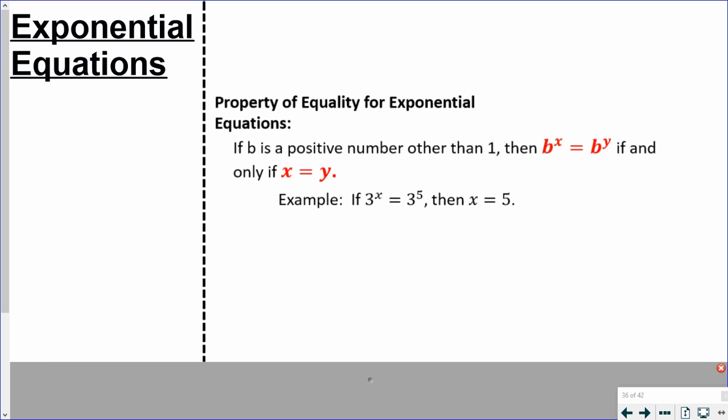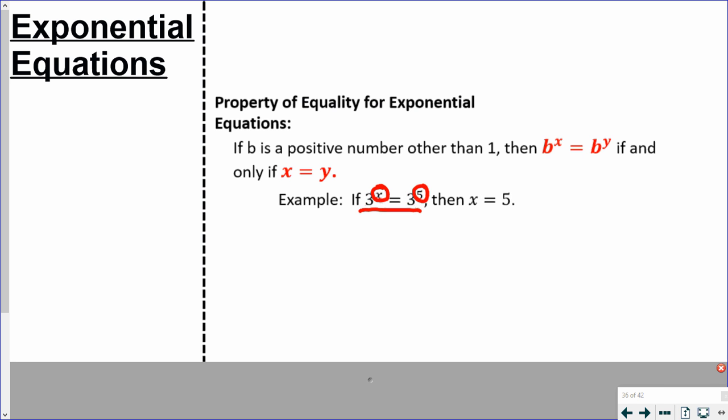For instance, if I give you this equation, 3 to the x equals 3 to the fifth. Well, since we have the same base, then for the two sides of the equation to be the same, x would have to equal 5, which makes sense because any other number other than 5 for this problem would not make the two sides of the equation equal.